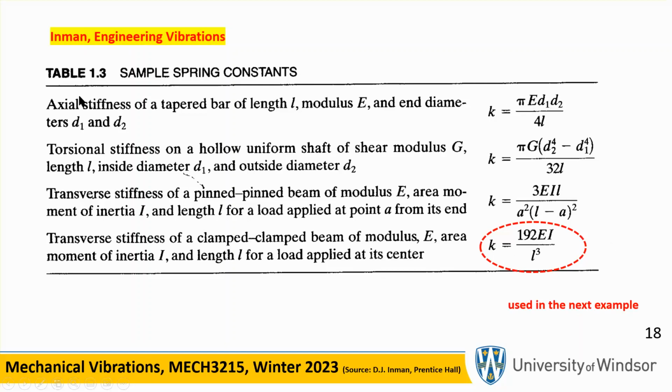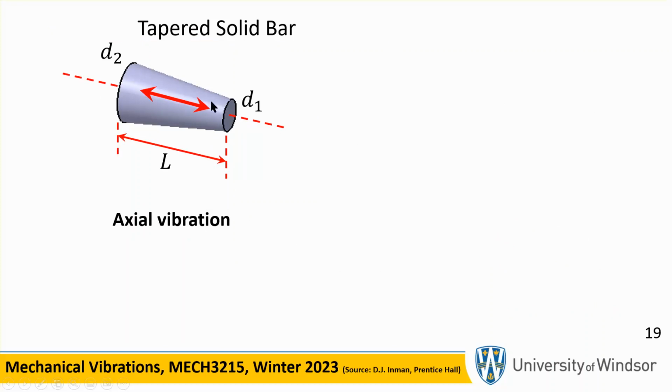So let's see now. Axial stiffness of a tapered bar of length L, Young's modulus E, and end diameters D1 and D2. So I'm going to show you this. That's what it's talking about. Tapered bar, diameters D1, D2, length L, axial vibration. So the stiffness of this thing in the axial direction is given there.